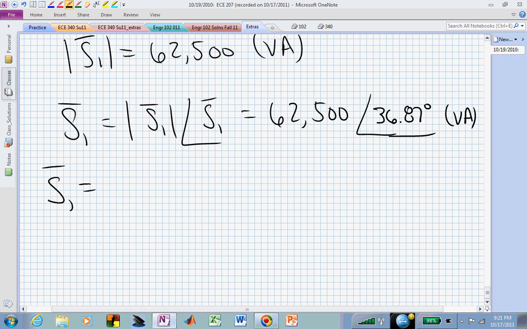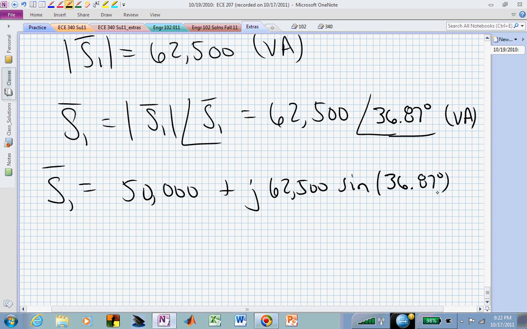By Euler, this is the magnitude times the cosine of 36.87, and that's 50,000, plus j times 62,500 times the sine of 36.87, which becomes 37,500 for the reactive component of load number 1.